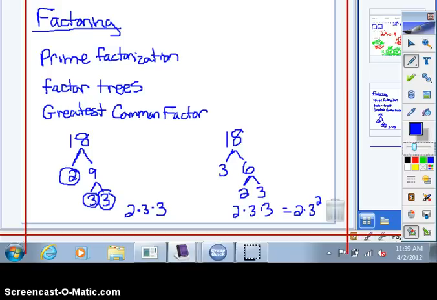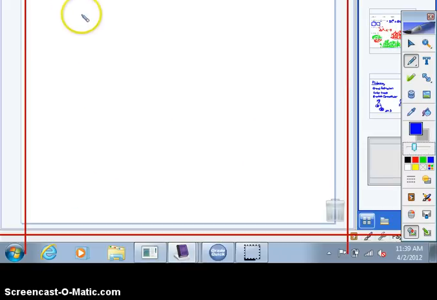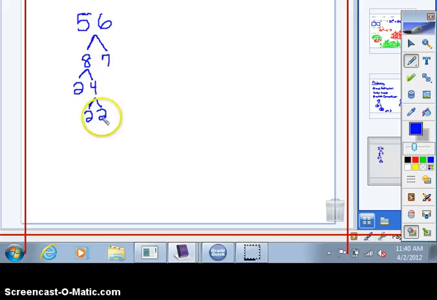Now, if you look at 56, 56 is divisible by 2. It is divisible by 8 and 7. It doesn't matter which way you go. If you do 8 times 7, 2 is still a factor of 8, so we would do 2 times 2 times 2. 7 is already a prime number, so we have 2 times 2 times 2 times 7.